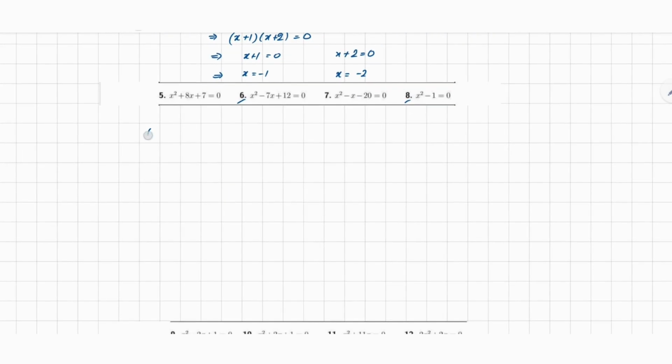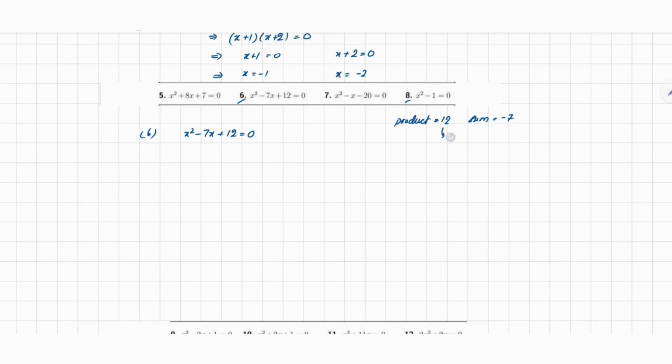Next, let's do question 6. We have x squared minus 7x plus 12 equals 0. For this question, we have the product equals 12 and the sum should equal minus 7. Let's see what the factors of 12 are.